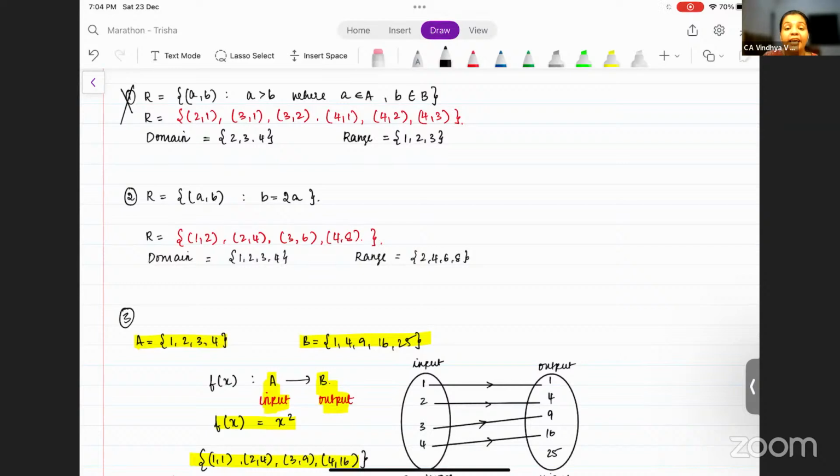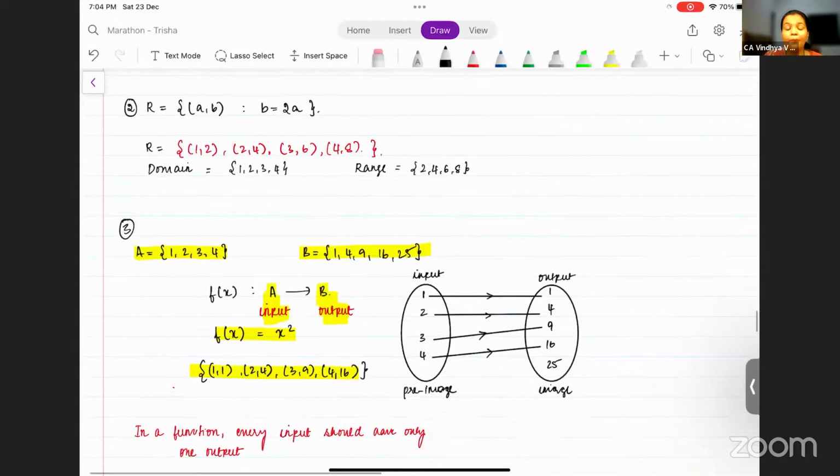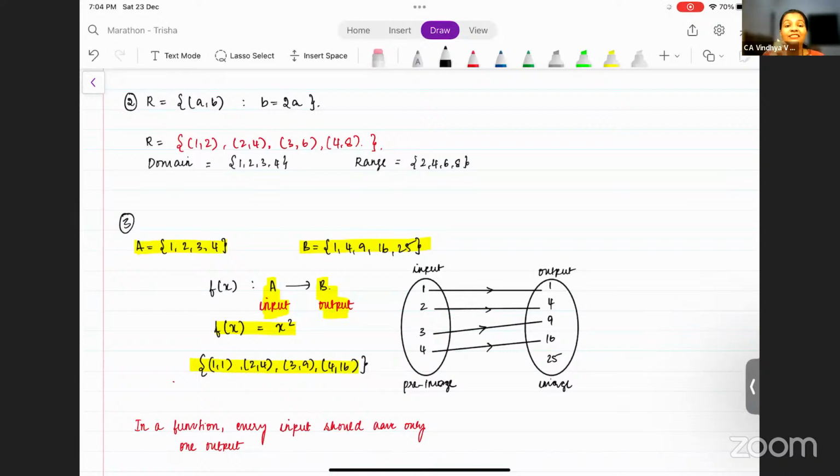Because in the first example, if you observe the first element, 2, 3, 3, 4, 4, 4, first element in the first relation is there in more than one place. 2 is there once, 3 is there twice, and 4 is there thrice. Okay. When you come to example 2, if you observe, the first element is there only once.